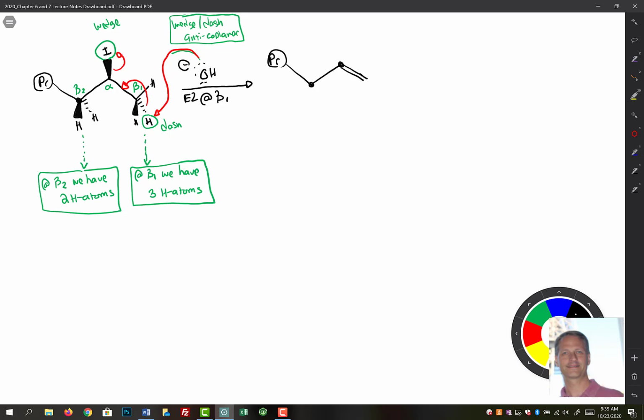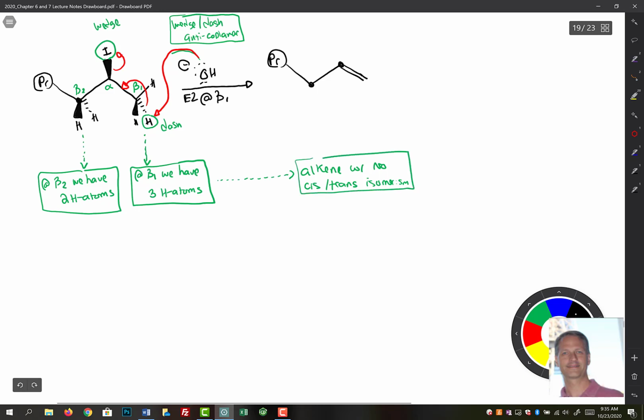So that's our product. Just to point out, look, we have 3 H atoms, and it leads us to an alkene with no cis-trans isomerism. It's a terminal CH2, so you can't have cis and trans there.